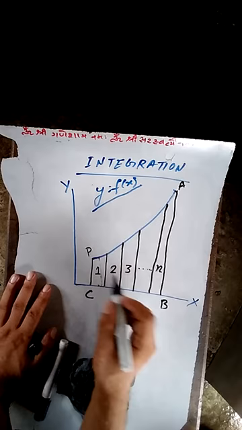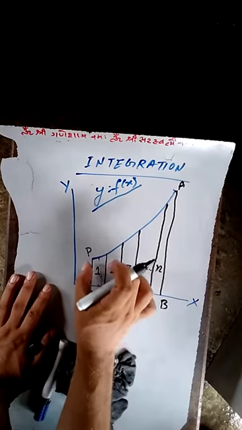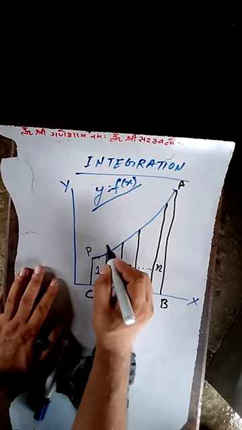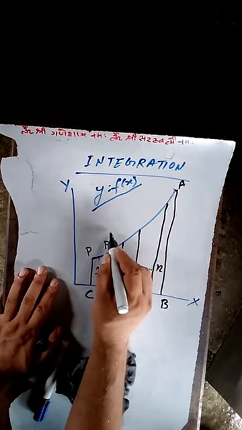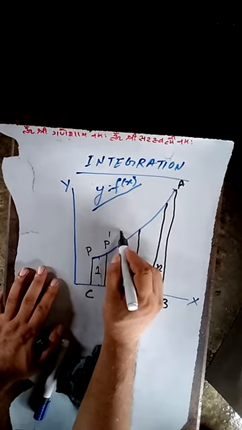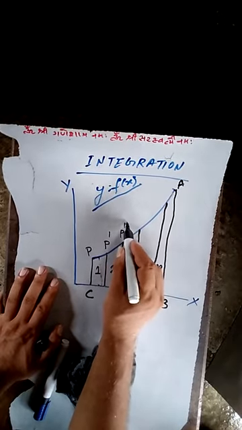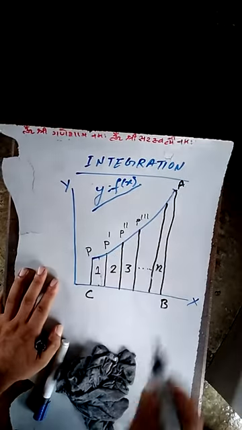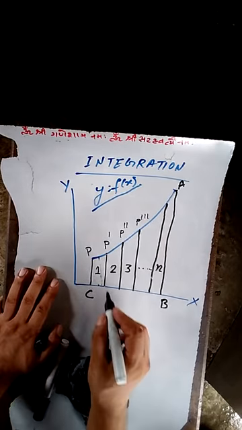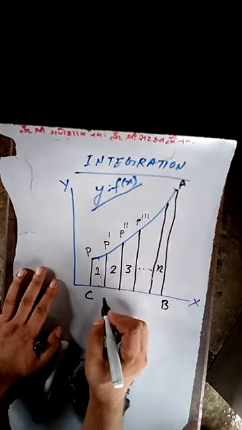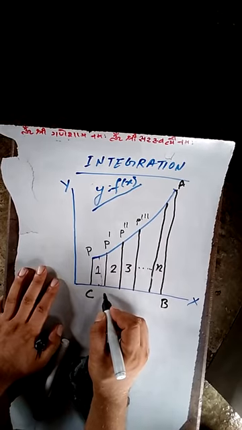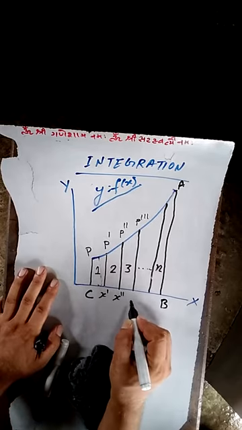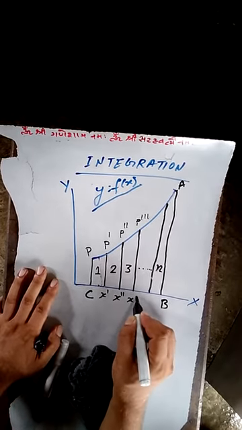Now each strip is similar to a rectangle, isn't it? See here, this looks like one. So we name the points P prime, P double prime, and P triple prime, and on the x-axis we name them x prime, x double prime, and x triple prime.